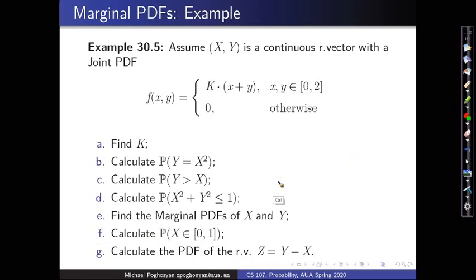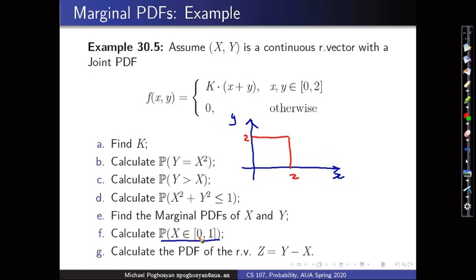So I'm erasing this and solving this by using just the joint PDF. So again, I'm drawing that graph. Support. So 2, 2. This is 2. This is 2. f is non-zero here and 0 otherwise.